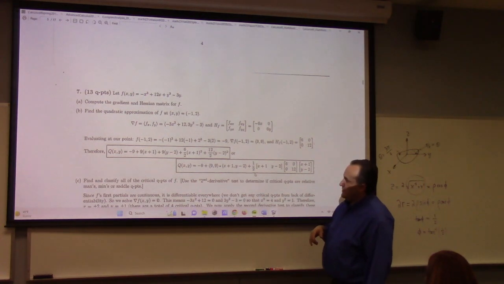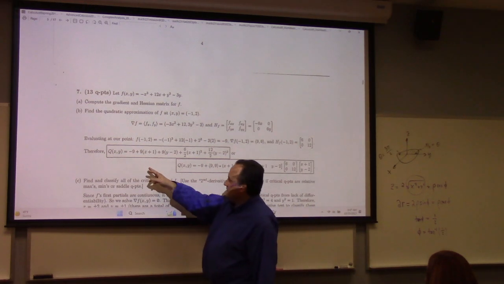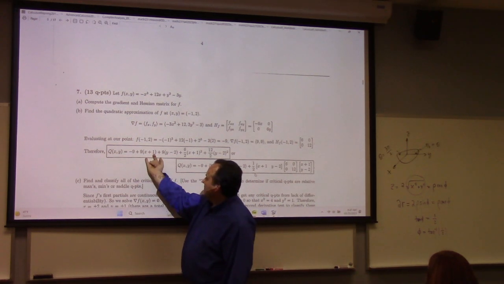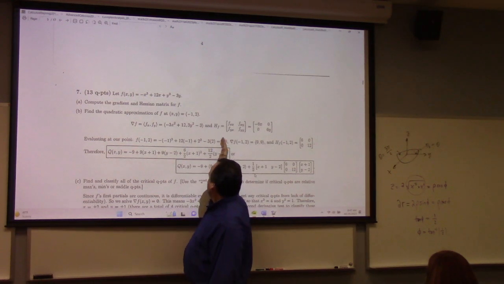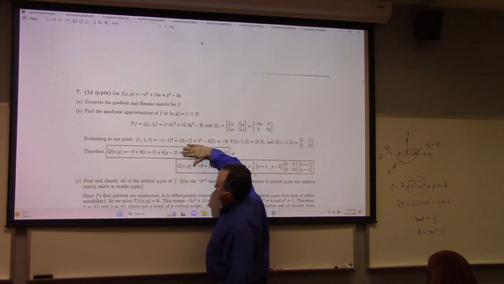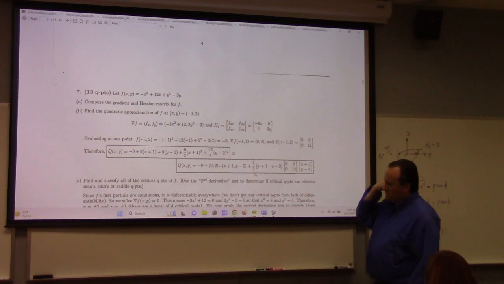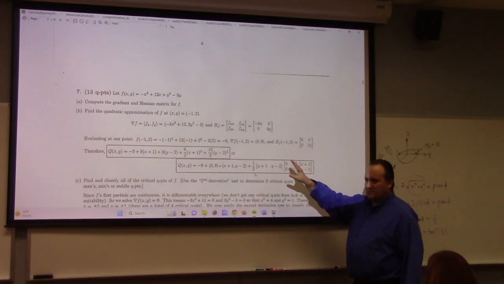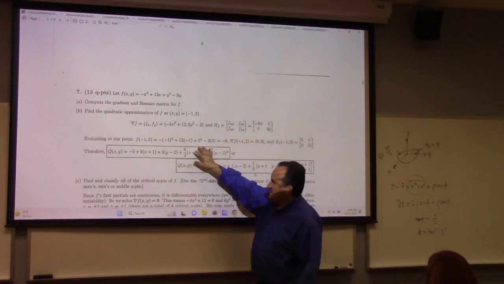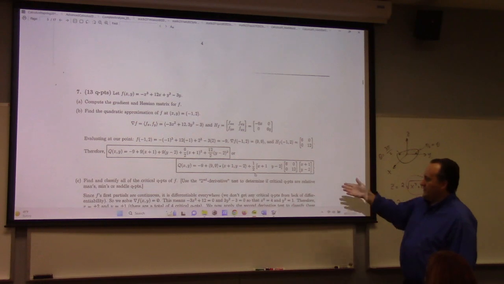The quadratic approximation we get from the value of the function plus, the first three terms are just the equation of the tangent line, right? And then this is the quadratic approximation correction. I think in my notes I tend to call Q just the last piece, right? So my notation differs a bit here with his Q of xy, but that's not a big deal. Anyway, there's the formula for it.